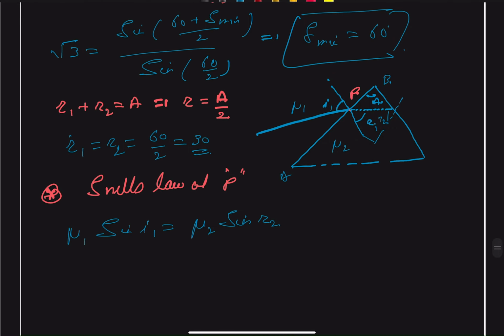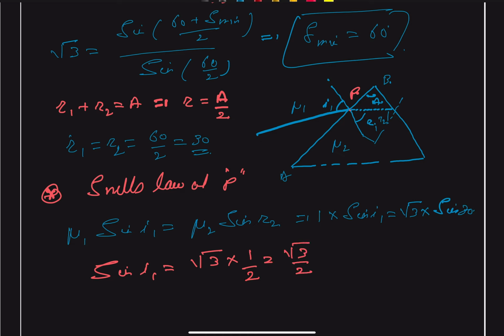So 1 multiplied by sine of I1 is equal to square root of 3 times sine of 30, that is 1 by 2. So sine of I1 comes as square root of 3 divided by 2, which gives that the angle of incidence will be equal to 60 degree.